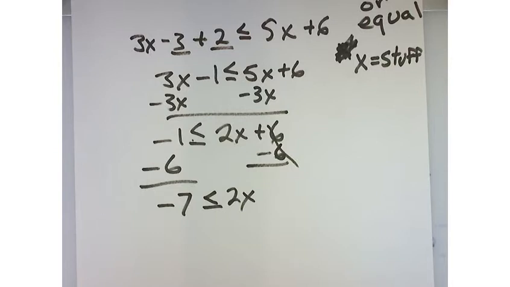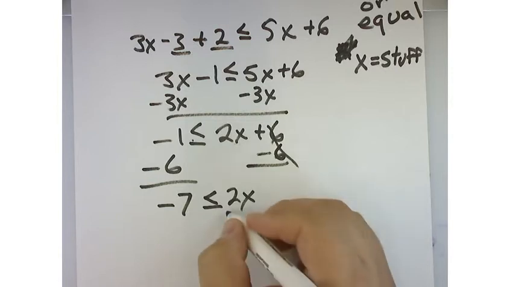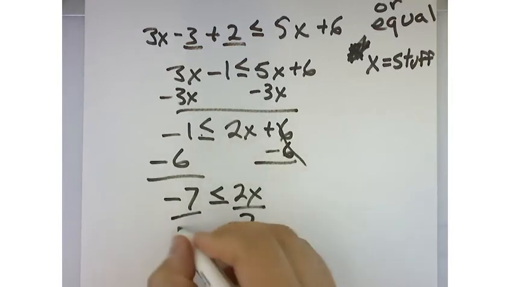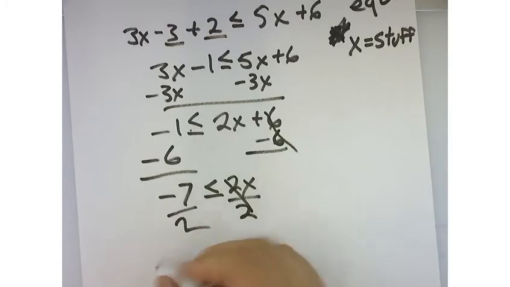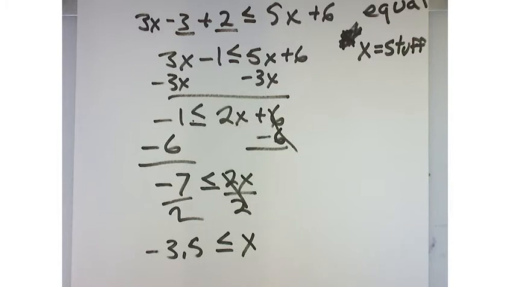Alright, so 2 times x. Want to get the 2 away from the x, so we do the opposite of times, which is divide. So I'm going to divide both sides by 2, and that's going to give me negative 3.5 is less than or equal to x. Now one way you could write it, there's another way that you could write it. How would I write it this way?